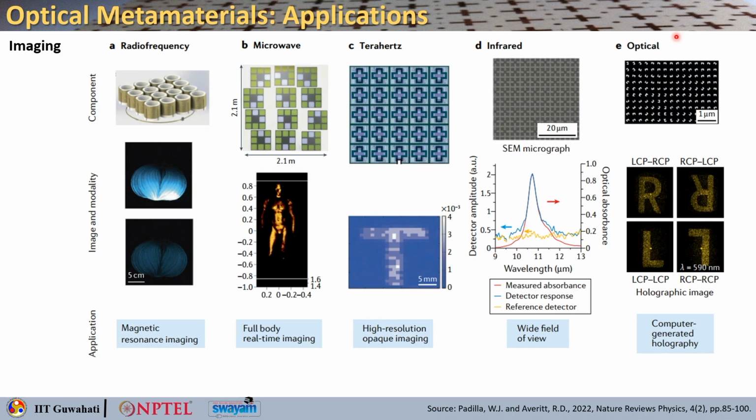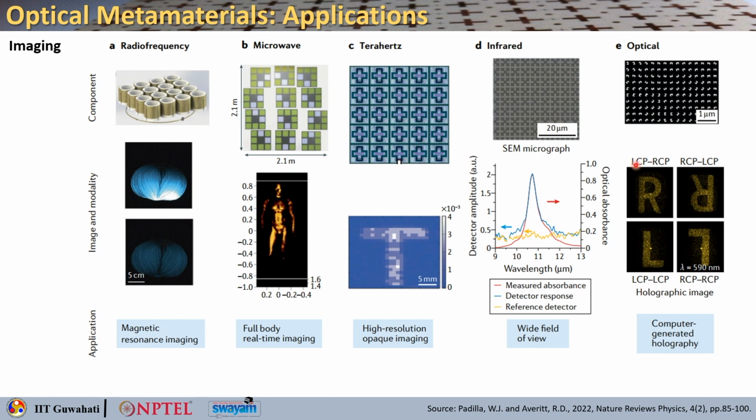And the last panel here shows multiplexed nonlinear metamaterial holography. The upper panel basically shows a region of the metamaterial that encodes the hologram, and the lower panel basically shows images obtained for different combinations of helicity of the incident light and the detected second harmonic light.